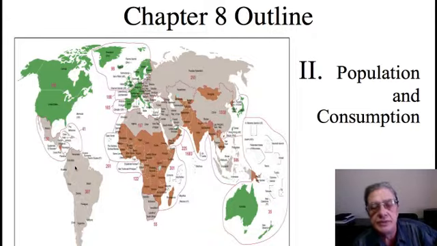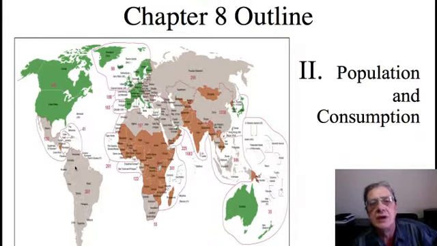In addition to simply the difference in the wealth of these countries is the fact of how much of the wealth of the world these countries control. For instance, the developed countries in green, while they only represent about 15% of the world's population, in fact control 80% of the world's wealth, whereas the countries in dark brown represent almost 40% of the world's population and only 10% of the world's wealth.